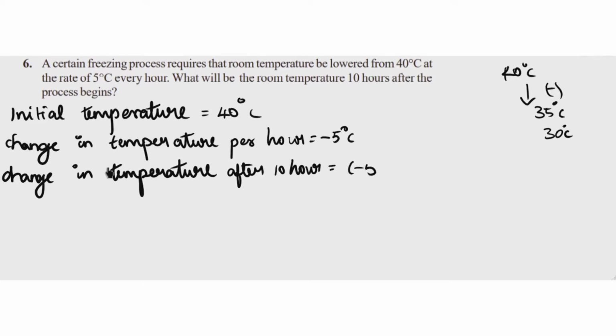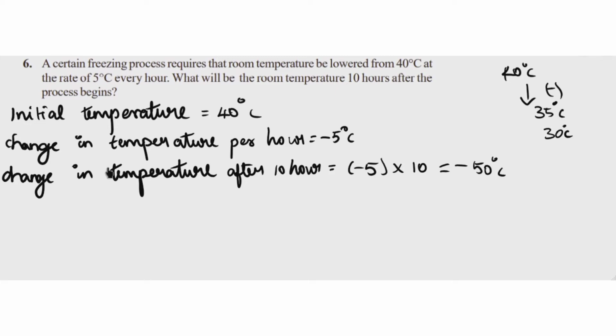I have to multiply this minus 5 per hour into 10 hours. So I get minus 50 degrees Celsius. So after 10 hours the change is minus 50 degrees Celsius.